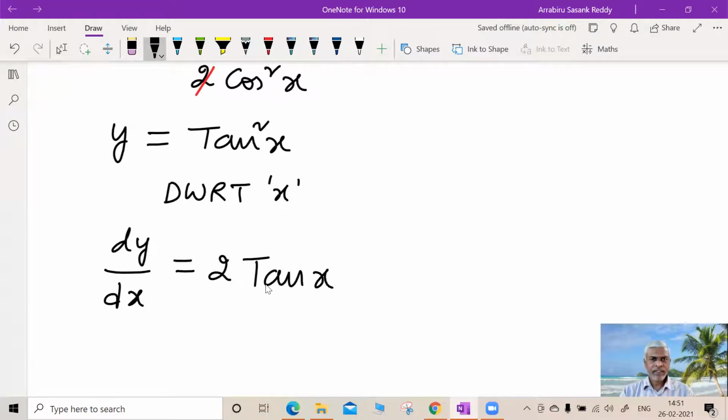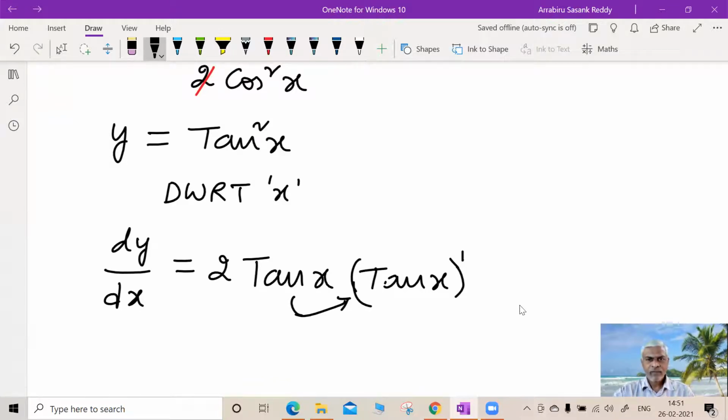Again, differentiation of tan x. I am writing differentiation by using this dash, or you can write dy by dx instead of dash.